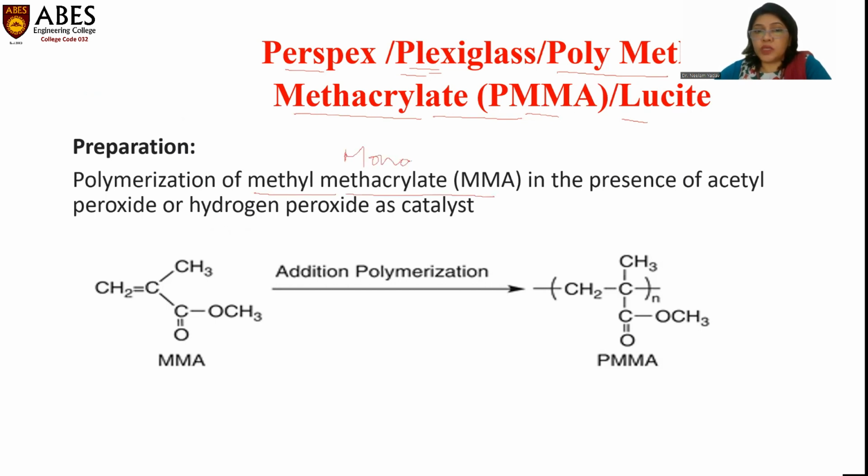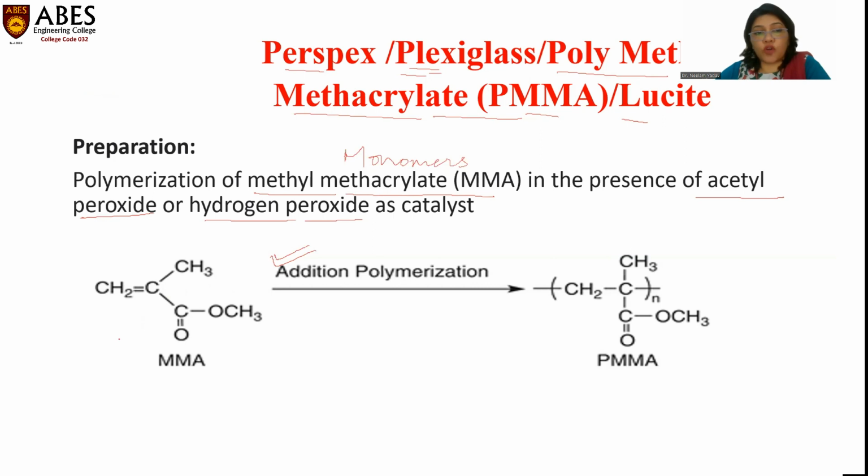These are the monomers which are being used to make the polymer polymethyl methacrylate. This polymethyl methacrylate is made in the presence of acetyl peroxide or hydrogen peroxide as a catalyst. And the process followed for making this polymer is the addition polymerization mechanism.